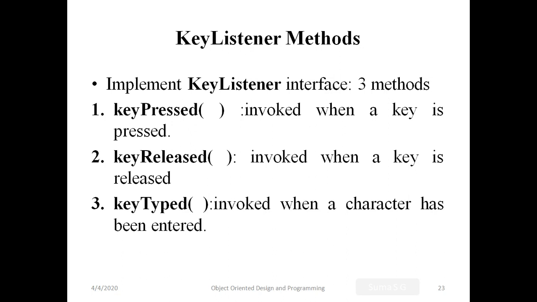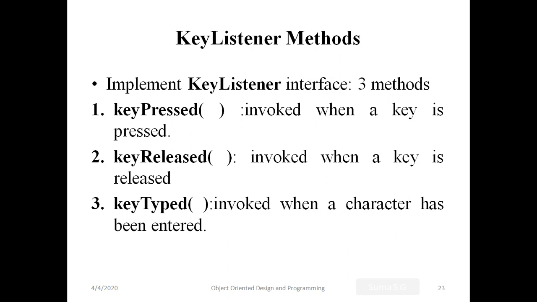Now when do you use keyPressed? When an event is notified, the appropriate method from the listener is executed. So let's see when keyPressed is executed. keyPressed is invoked when a key is pressed. So when you press a key on the keyboard, the keyPressed method is invoked.